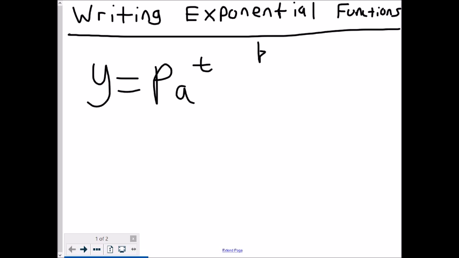P, that does not look like a P. P, maybe. P is the initial condition.